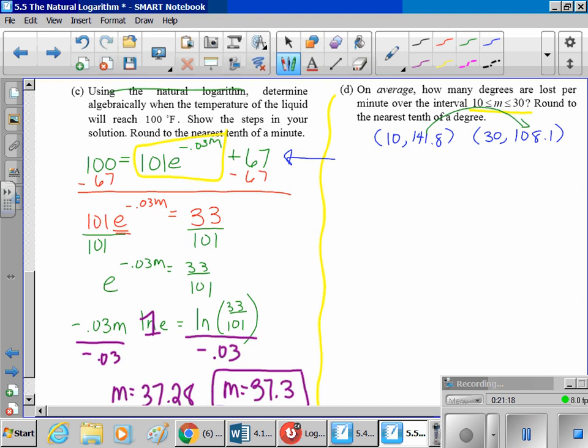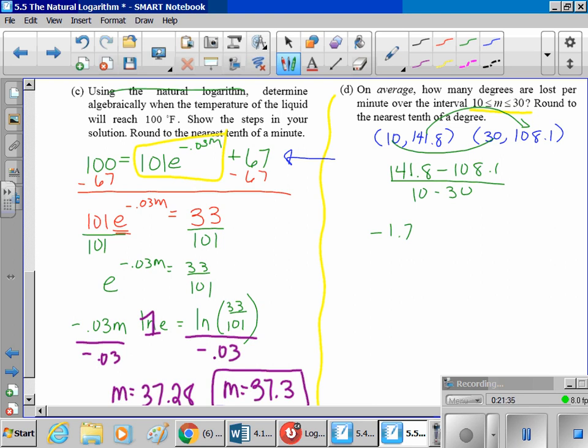Oh, let's go this way, keep it positive. What's going to be negative anyway? 141.8 minus 108.1 over 10 minus 30. My answer does come out to be negative 1.7, but remember what that means. It means it's losing it.